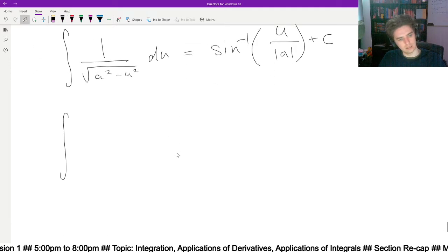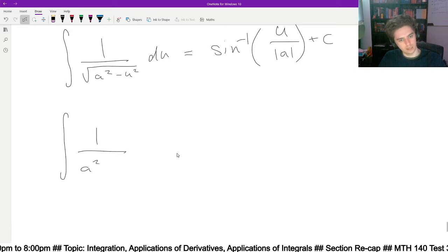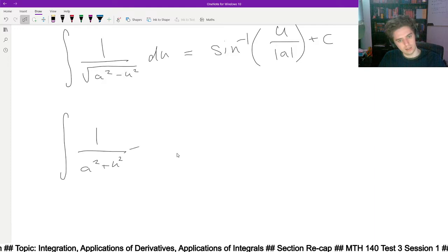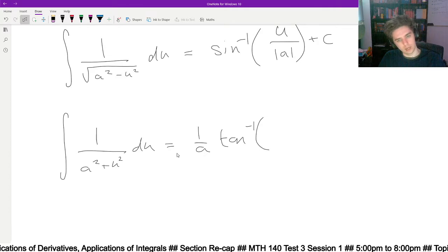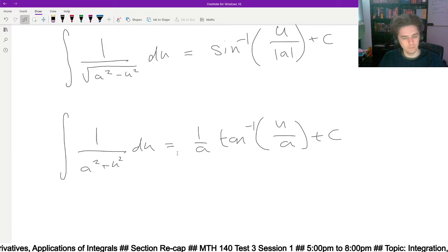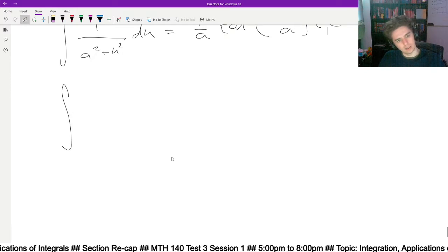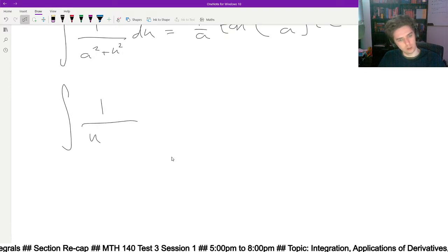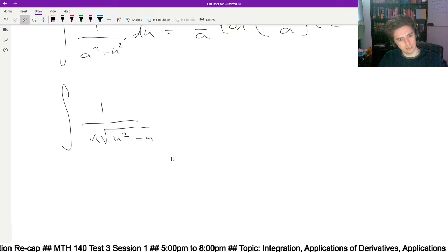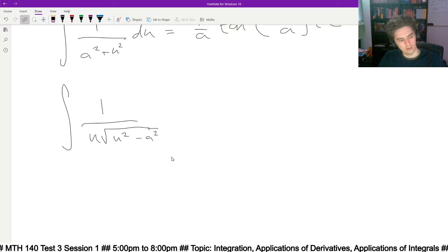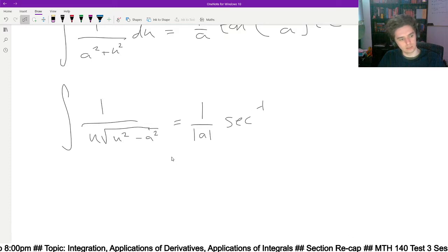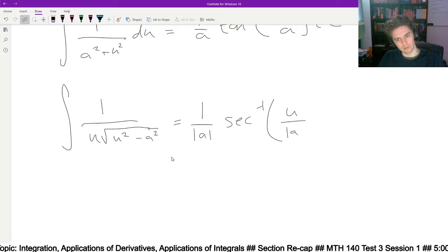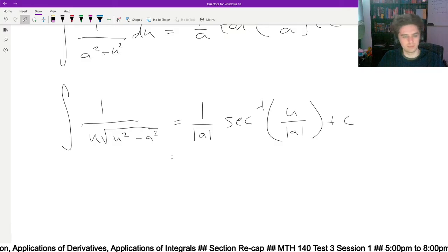Second formula is the integral of 1 over a squared plus u squared du equals 1 over a tan inverse of u over a plus c. And finally, the integral of 1 over u root u squared minus a squared equals 1 over the absolute value of a secant inverse of u over absolute value a plus c.